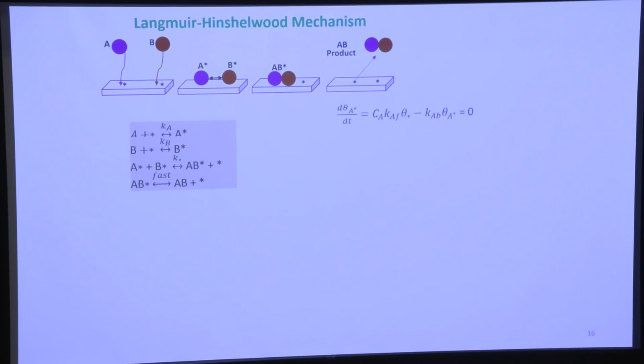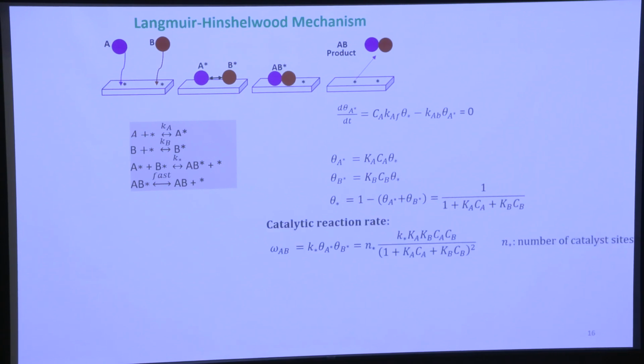You can do the same, and the combustion people are so smart. You can apply the quasi-steady state to all these species and find the open site density, and then you can calculate the catalytic reaction rate equal to k times A star times B star on the surface. This is the reaction rate you can have. And now it's proportional to the square of the concentration.